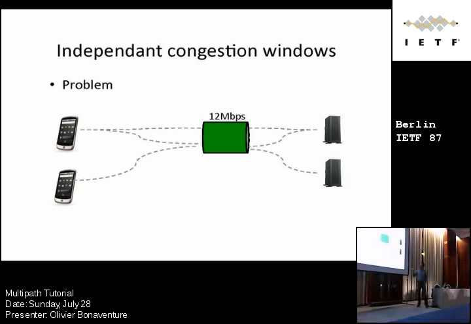If I use one congestion control over each path, then there will be a sharing of the common bottleneck so that the first smartphone would get 8 megabits per second, and the second smartphone would get 4 megabits per second. This is unfair compared to regular TCP. And in multipath TCP, what we try to do is that this smartphone would get 6 megabits per second, and this smartphone would get as well 6 megabits per second in this environment.